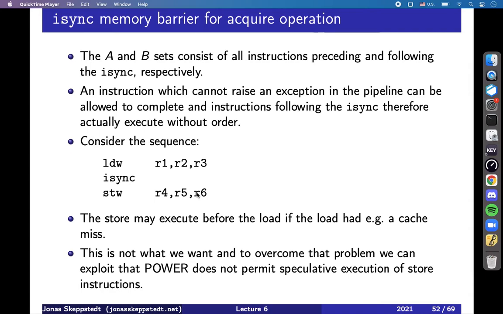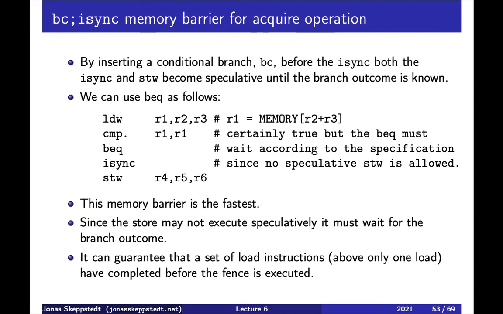So now if the CPU can determine that the address is valid, so no exception could happen, then it could be moved to before this acquire, isync, so that doesn't work. But the Power architecture does not allow a store to be speculatively executed.